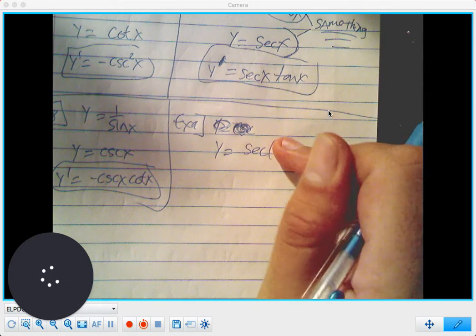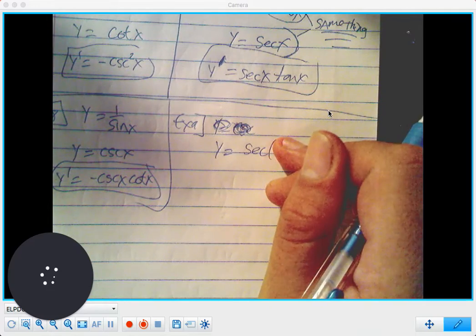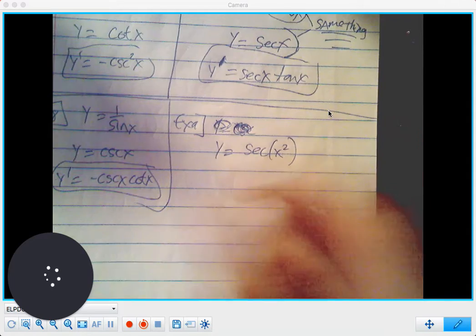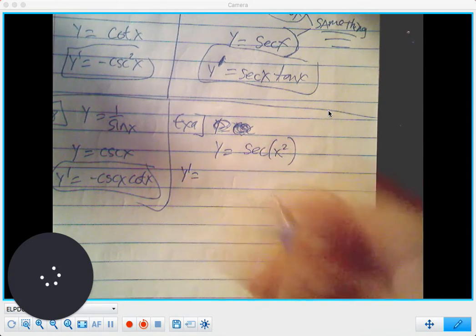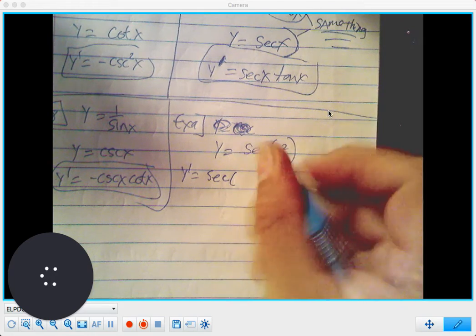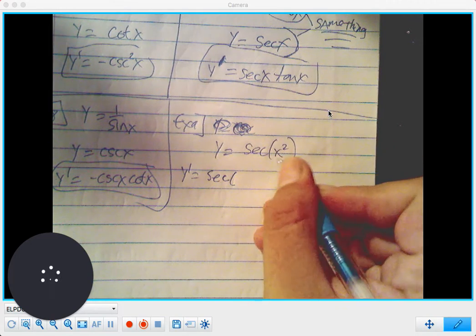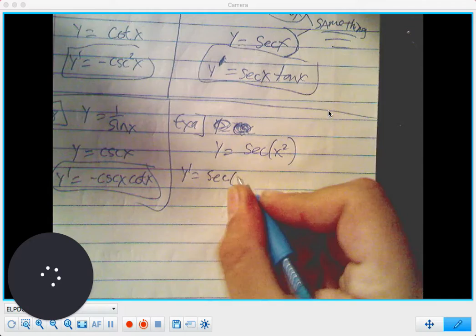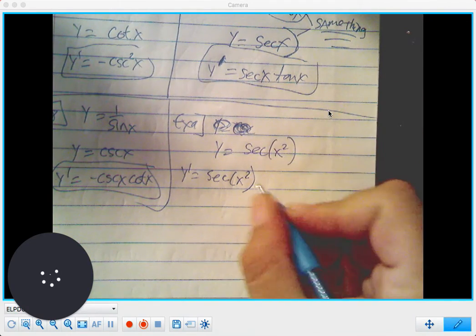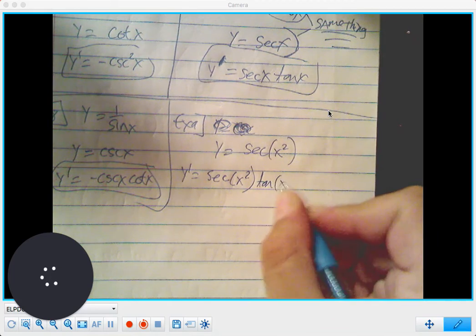So you can just put your finger and cover it. What is the derivative of secant? The derivative of secant is secant tangent. So I know that y prime is going to be secant. Here, we don't put secant x, we put secant of this, so secant of x squared, and then tangent of x squared.